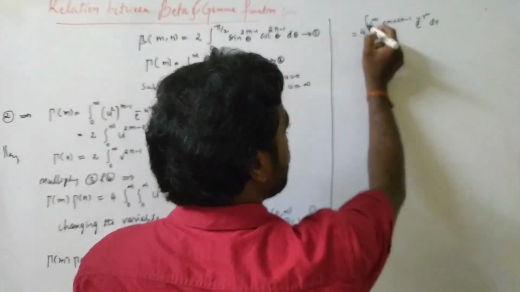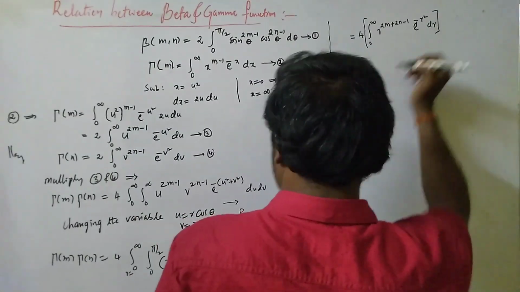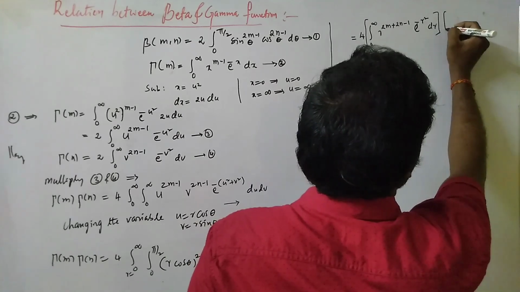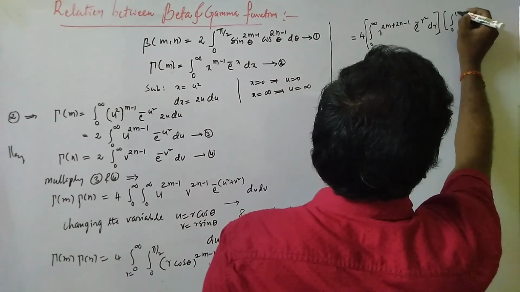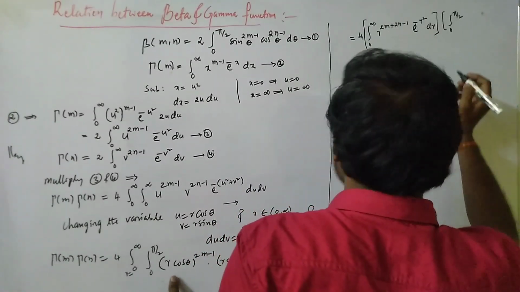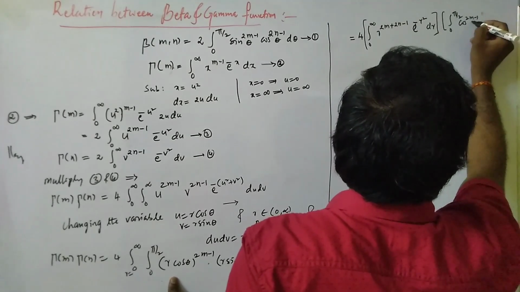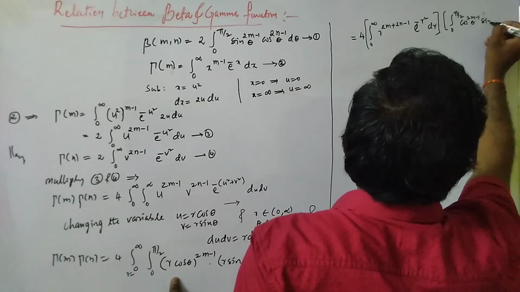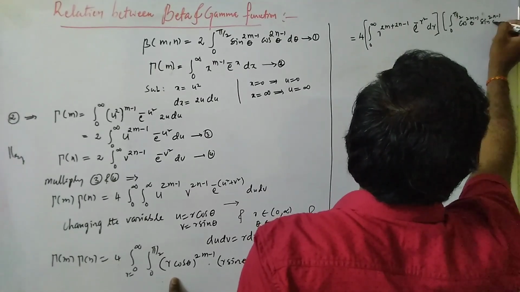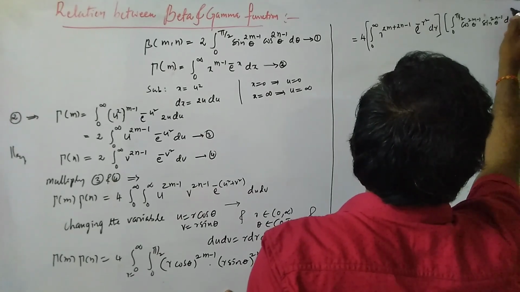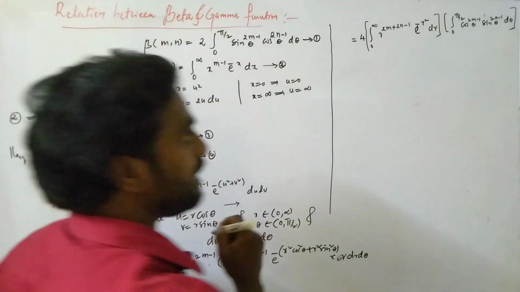Next, the second expression is in terms of theta, with values 0 to pi by 2: integral 0 to pi by 2, first cos to the power of 2m minus 1 theta, next sin to the power of 2n minus 1 theta d theta.